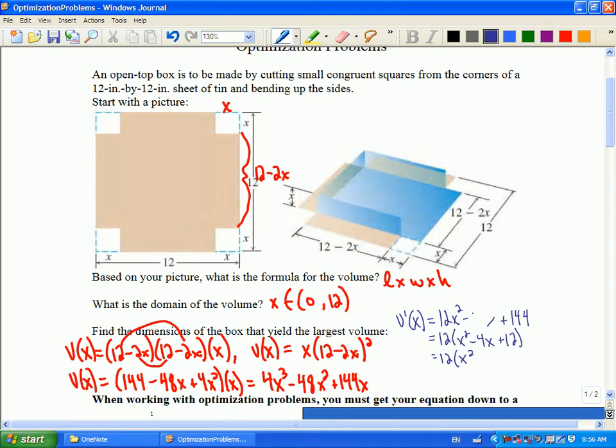So this is 96, and that'll be an 8 here. There we go. Now it's going to factor. So this should be x minus 6, x minus 2.